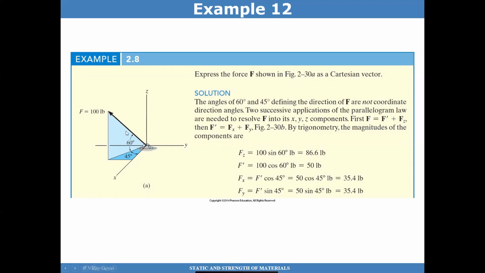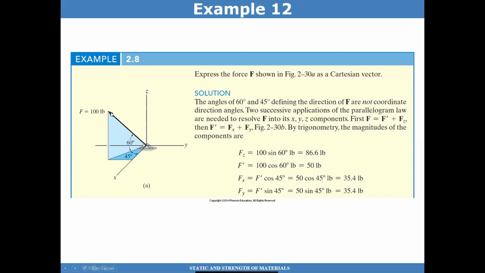If I want to find out how F is projected to Z, I have to find this angle. Well, if this angle is 60, I hope you know this angle is 30. So all I have to do is take F, 100 pounds, cosine of 30 to get it into the Z direction. That's 100 cosine of 30, which is sine of 60, 86.6 pounds.